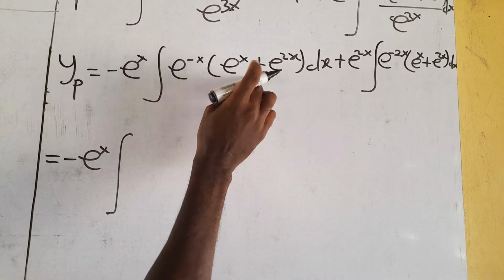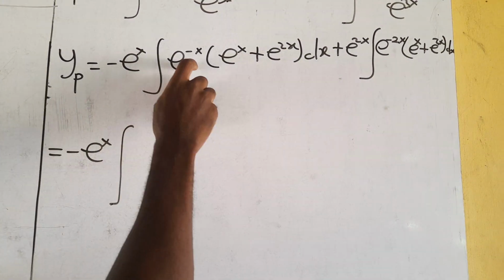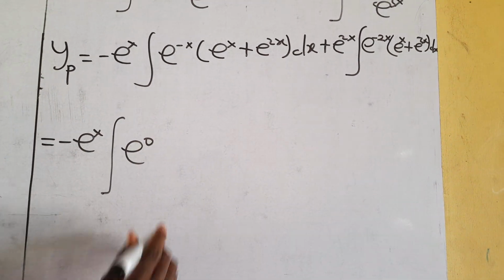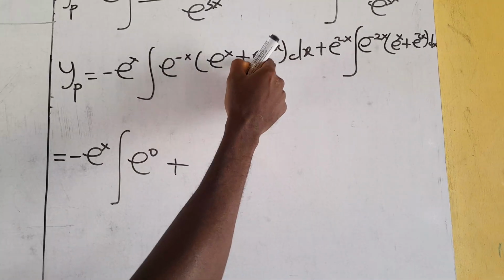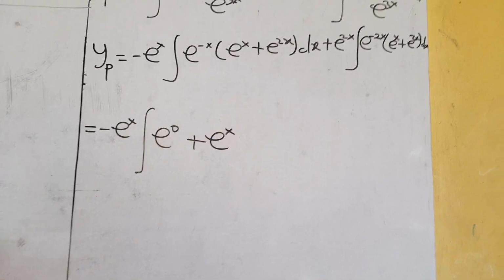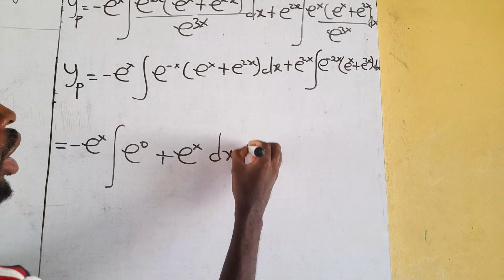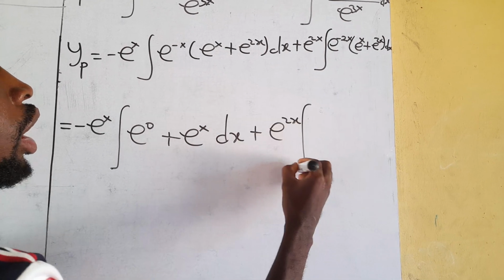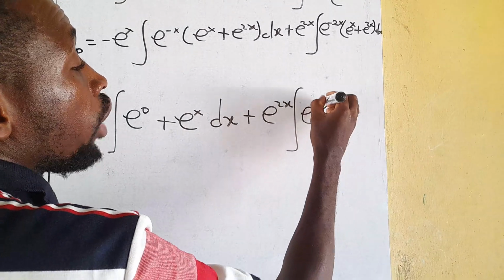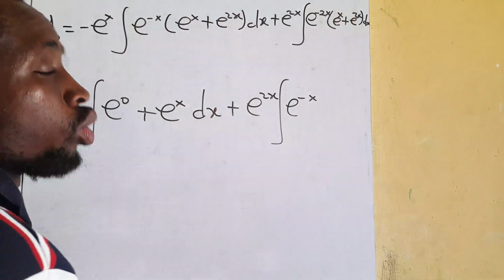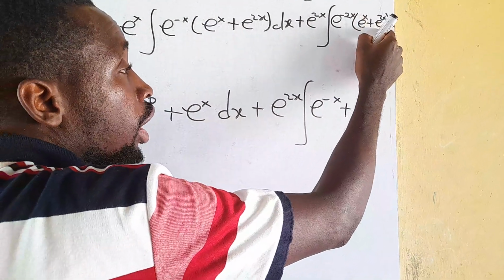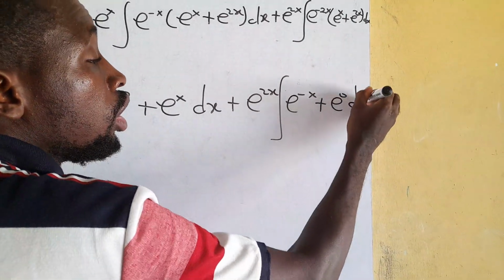E exponent negative x times e exponent x will be e exponent negative x plus x, and that will be e exponent 0. Then plus e exponent negative x times e exponent 2x will be e exponent x, that's negative x plus 2x will be x. Dx then plus e exponent 2x, the integral of e exponent negative 2x times e exponent x will be e exponent negative x, that's negative 2x plus x will be negative x. Then plus e exponent negative 2x times e exponent negative 2x will be e exponent 0 dx.